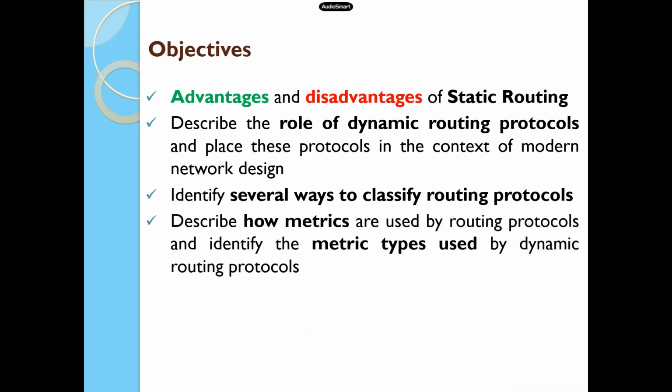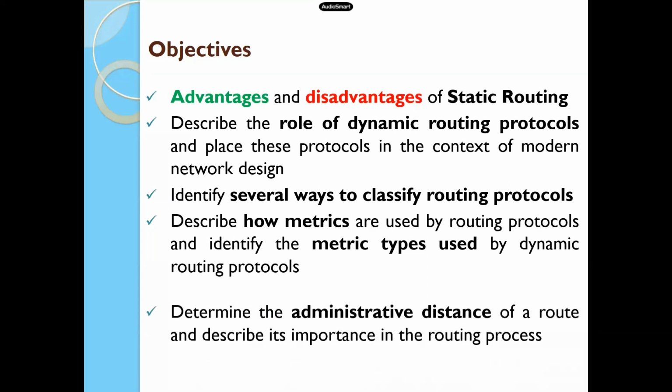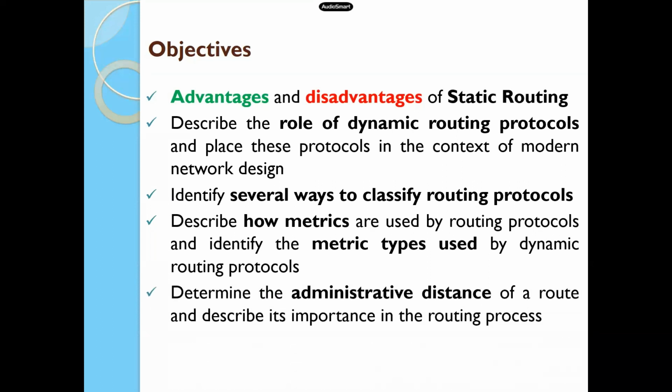We're going to talk about the concept of metrics and how they are used by routing protocols to identify the metric types and the best path based on the metrics. And there is a metric called administrative distance of a route, and to describe the importance of the routing process. So the higher will be the better.